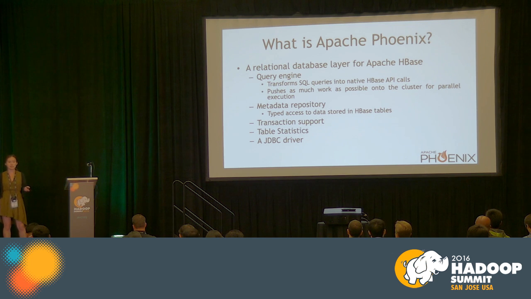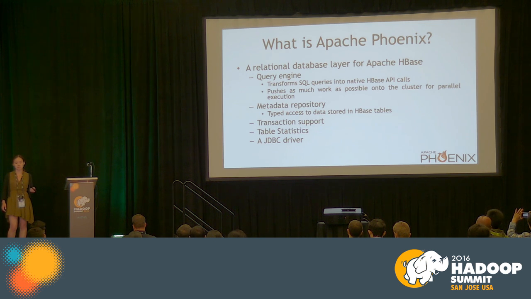It has a metadata repository to enable your user tables to work with the SQL type system. So it allows you to use DDL to either create a new Phoenix table or map an existing HBase table as a Phoenix table.